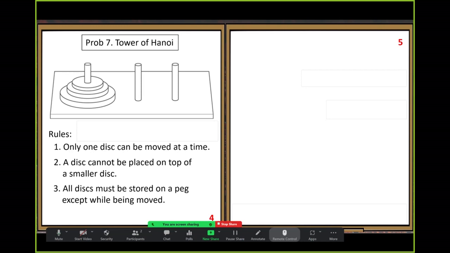Otherwise, it's too easy, right? You could use a lot of space on the table. That's too easy, not challenging. So with these 3 rules, it becomes quite challenging, but not too bad.